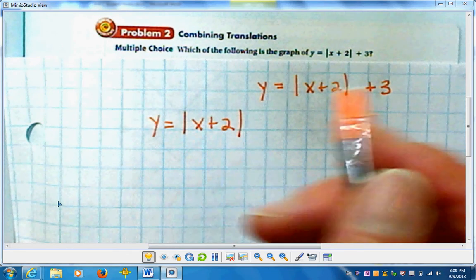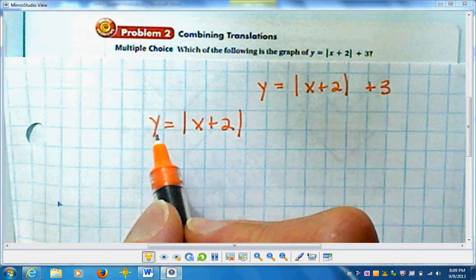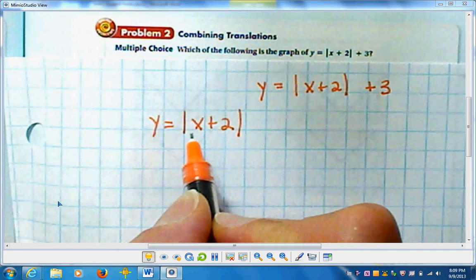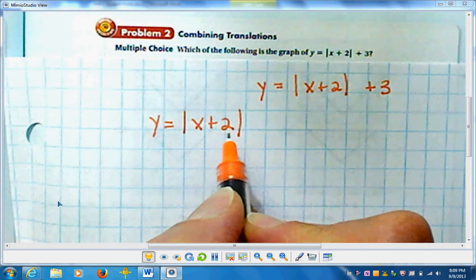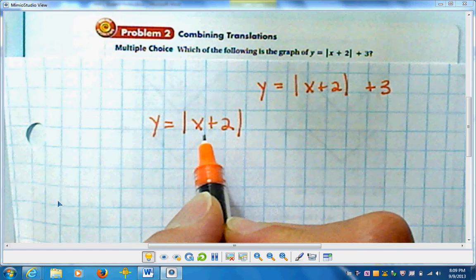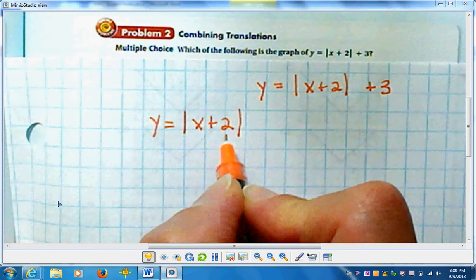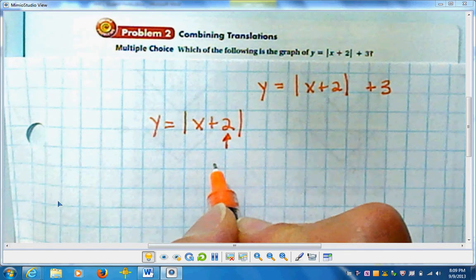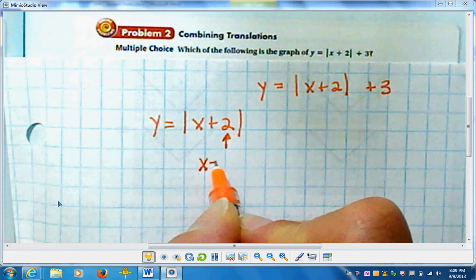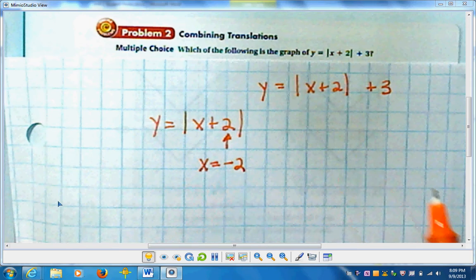The only difference is that we might have some number here. So we know that our center point is right here, but it's opposite. So our center point has to be where x equals -2. That's our center.